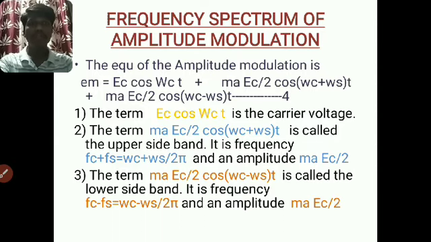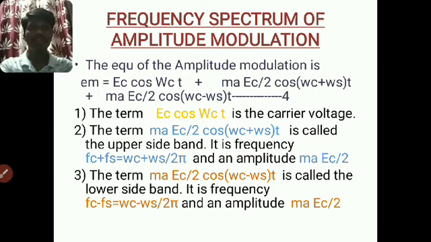This is the equation of amplitude modulation. We take this equation to find the spectrum, which varies with the modulation factor, because the frequency spectrum of amplitude modulation depends upon the value of the modulation factor.